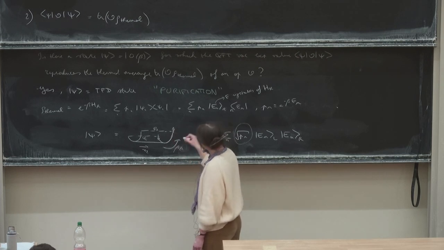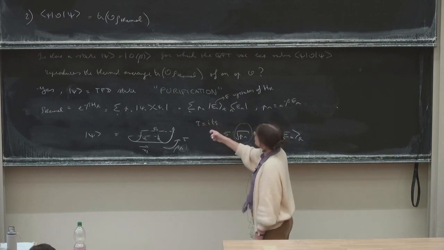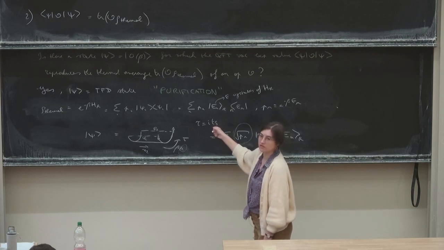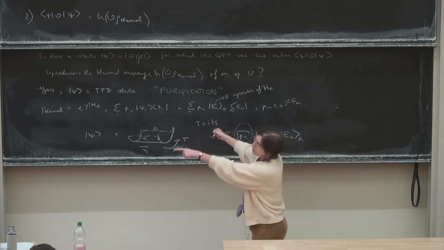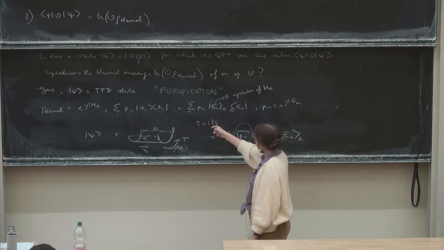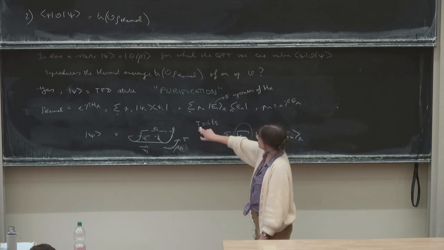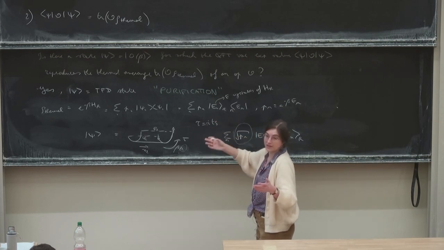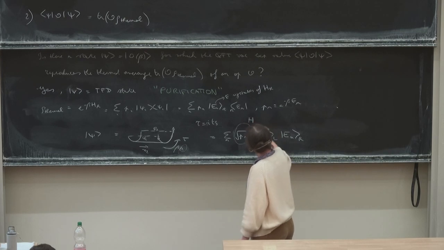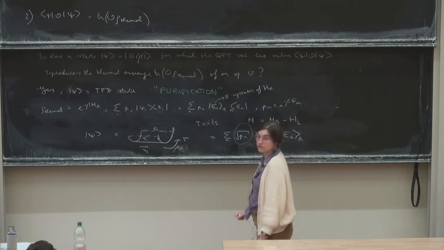If I go to actual time, I will set tau equal to i s. There's a reason why I put an s here: I don't want to call it t, which is our Lorentzian time in figure A, but just another Lorentzian time. There's a plus or a minus here, which will inherit the directions of tau. So the corresponding Hamiltonian will be H_right minus H_left.